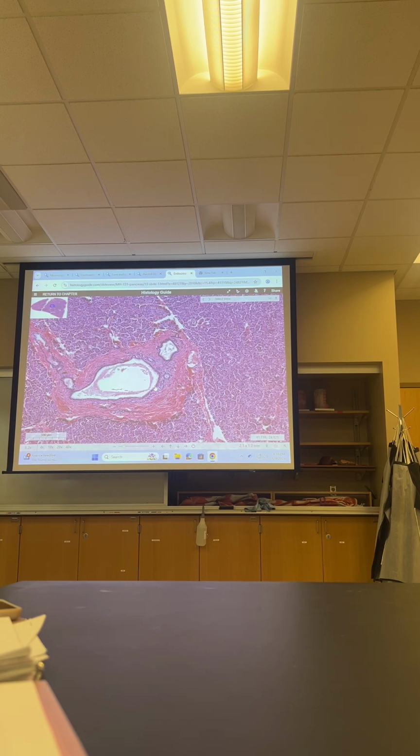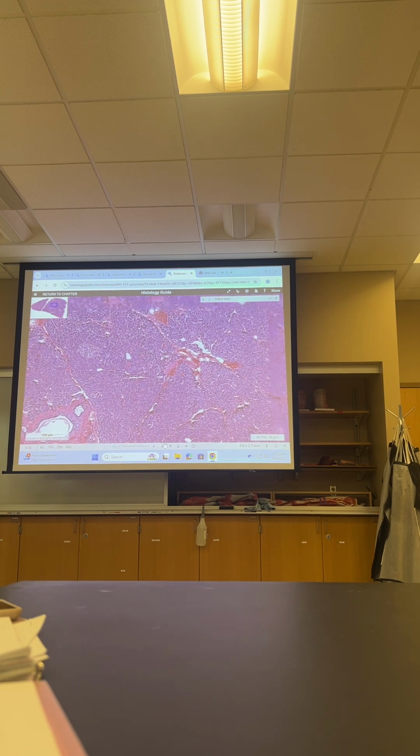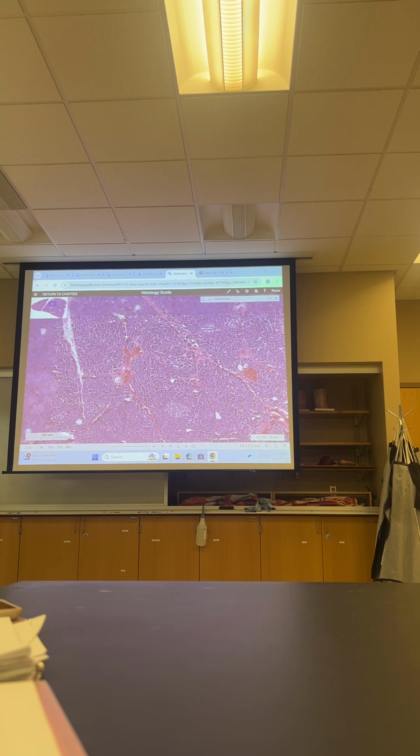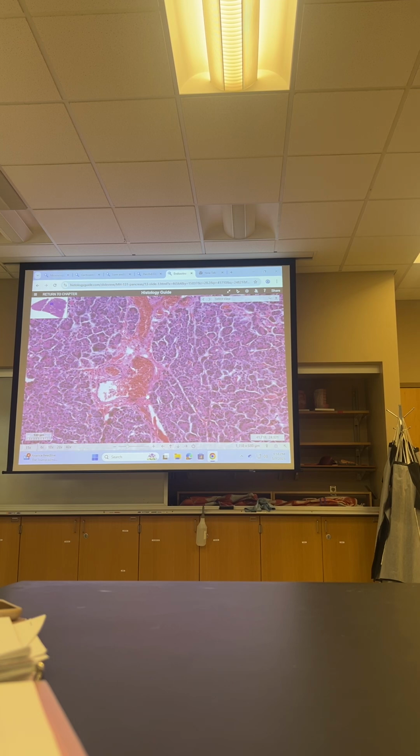I know these are ducts because they have simple cuboidal surrounding them. And then if I try to find a blood vessel, here's a blood vessel, simple squamous epithelial tissue around it. So you should be able to find both of those in there. And then the next one's the liver.